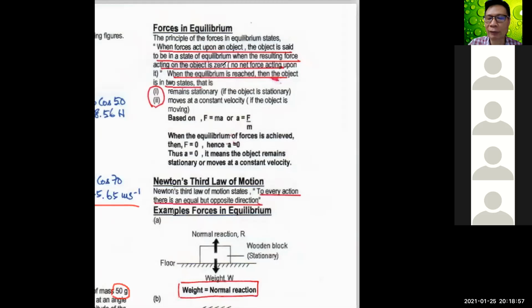So the resultant force, the total force, becomes 0. That's why we say the object is in a state of equilibrium when the resultant force is 0. It means when you add up all the forces, the total is 0. No net force acting upon it. Resultant force and net force are the same.